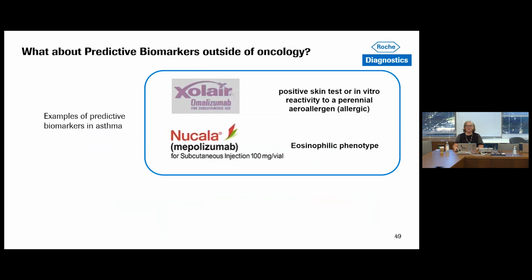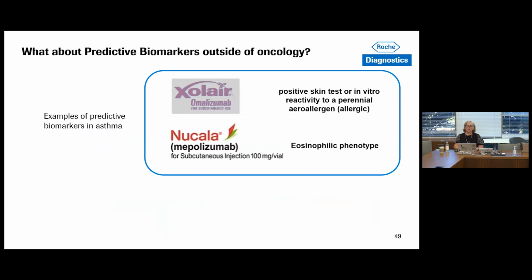Okay. So what about predictive biomarkers outside of oncology? The companion diagnostic field and the FDA guidances that you could Google and read for your leisure are all developed around oncology. So we ask, what about outside of oncology where the space is more complicated?